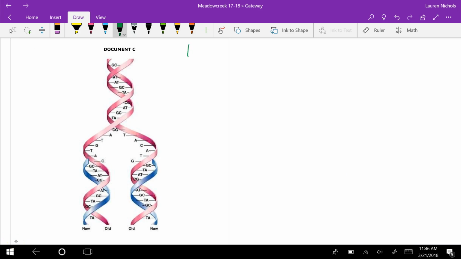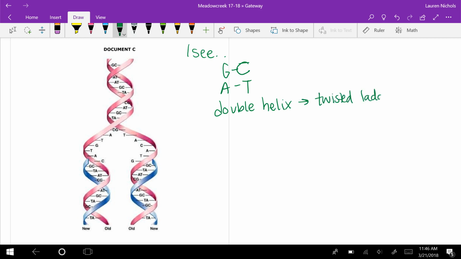All right, so with document C, let's see what we see. I see G partnered with C and A partnered with T. I see a double helix shape, often described as a twisted ladder. I see that G, C, A, and T connect the 2 strands.